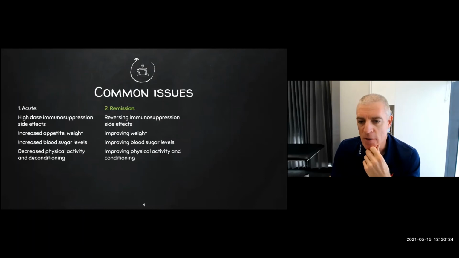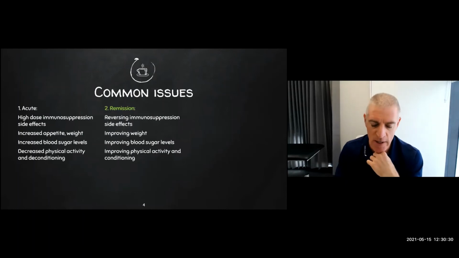But the risk, particularly as people get older, with falls and balance, are certainly risks in other ways. So in terms of remission, we are talking about how to manage general health.